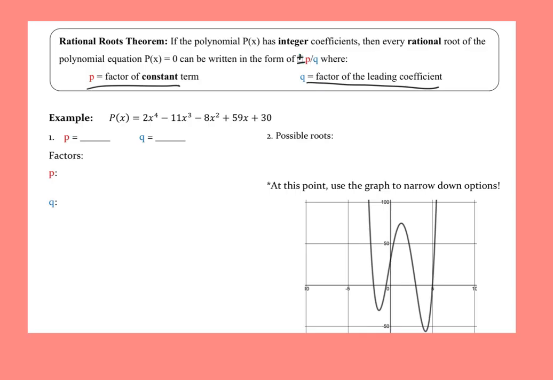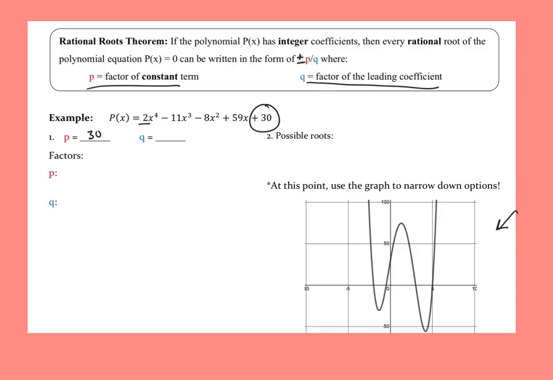And normally on any test or quiz, we're going to give you a graph that looks like this, what I call a bad graph, where maybe not every single point's listed, but we give you enough information to draw a few good conclusions. So here on this first example, remember that p is a factor of our constant term. Our constant term here is 30.